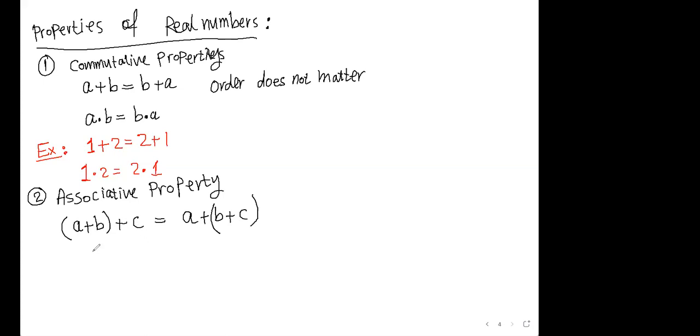The same thing holds for multiplication. AB, multiplied by C, is exactly the same as A multiplied by BC.